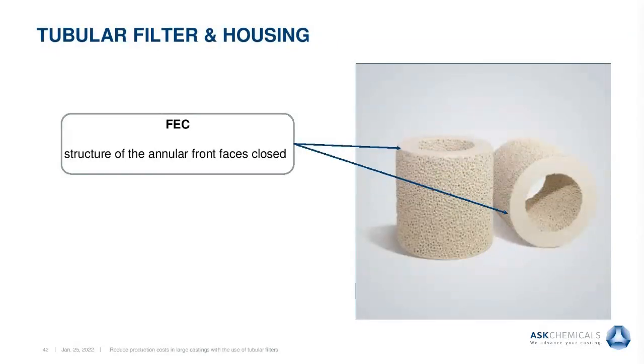With this edge coating, we successfully avoid any filter fingers breaking off during installation, and it makes the handling of the filter much safer. I think that's a very good benefit.